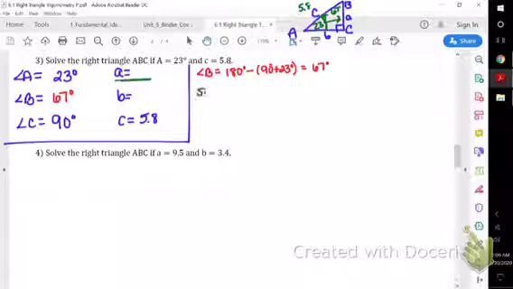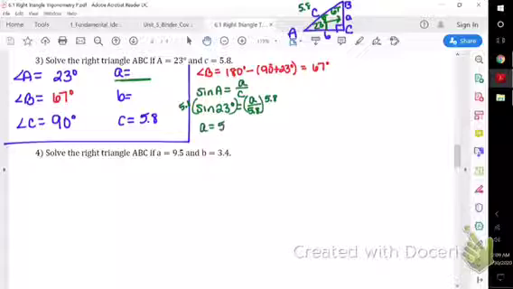So the sine of angle A is the opposite, which is side A, over the hypotenuse, which is side C. And so sine of 23 degrees equals side A, which we're after, over the 5.8, which is side C. Then we multiply both sides by the 5.8 to get rid of the fraction. And so we get side A is equal to 5.8 times sine of 23 degrees.